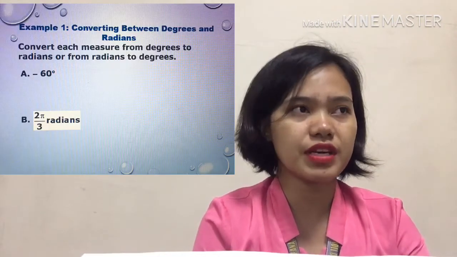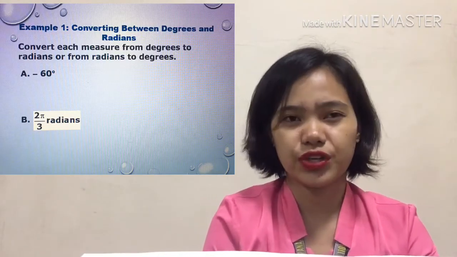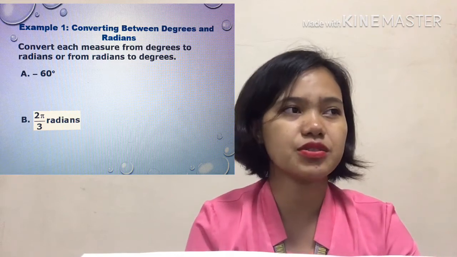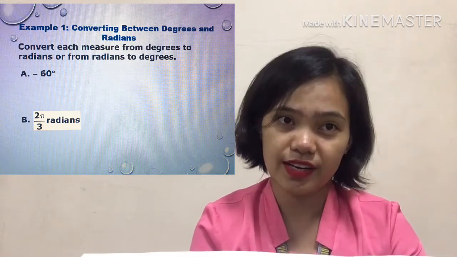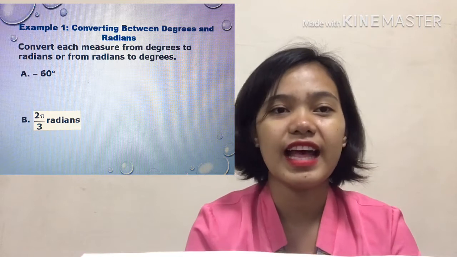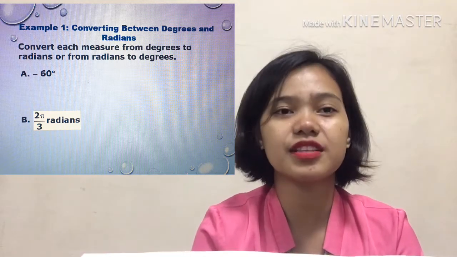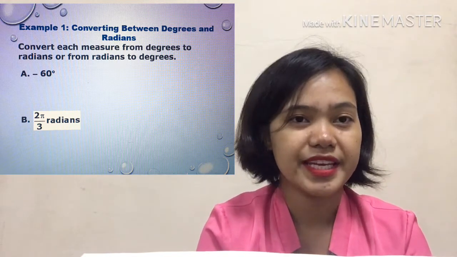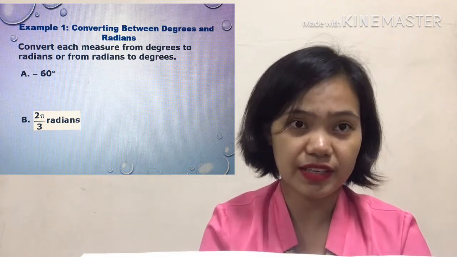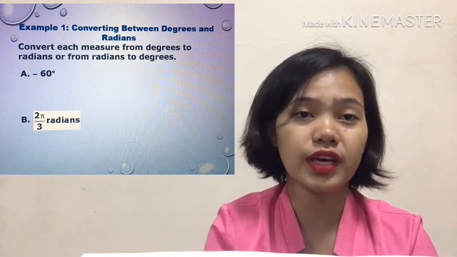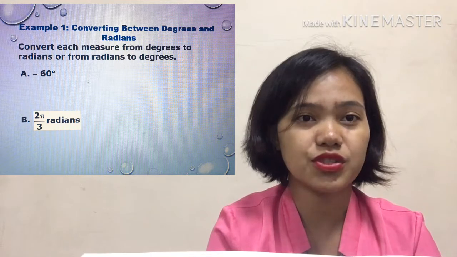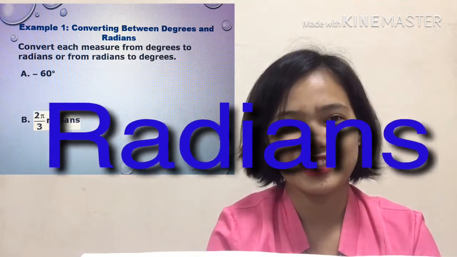Now, let's have some examples. Example number 1, converting between degrees and radians. Convert each measure from degrees to radians or from radians to degrees. Let's have letter A, negative 60 degrees. Since the given is in degrees form, we are to convert this into radians.